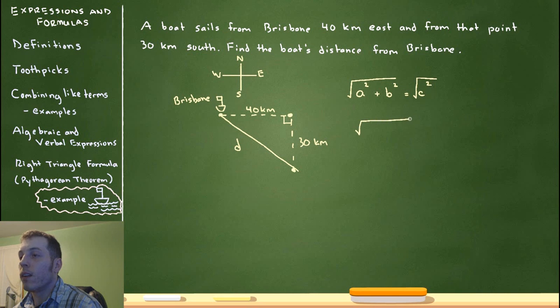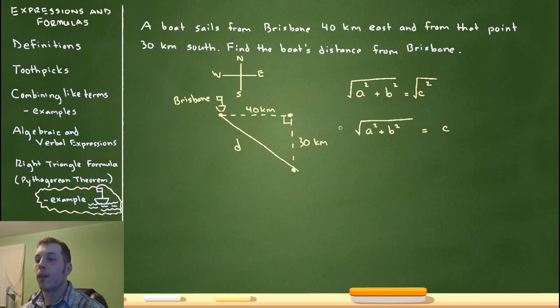So this new form of the Pythagorean theorem becomes the square root of a squared plus b squared is equal to c. Okay, so let me just put a star next to this one. This is the formula we'll use here. But again, most people memorize the formula without the square root here.